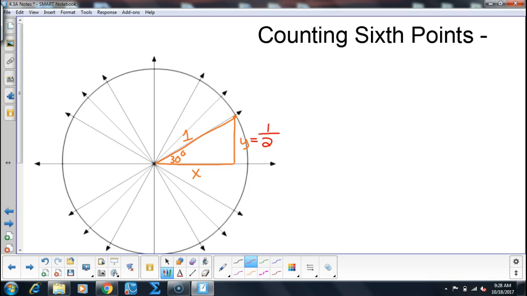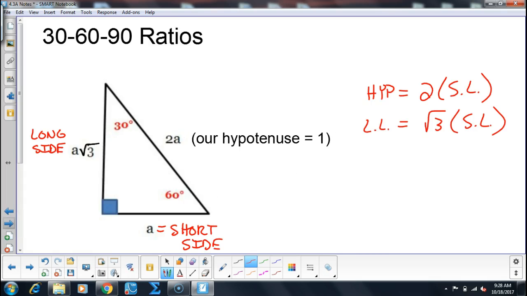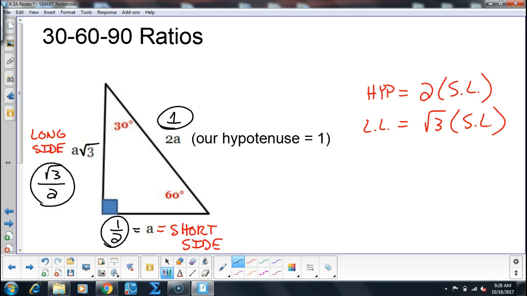What then is x? So our short side was 1/2. Our hypotenuse was 1. So what then is our long side? Could we call it the square root of 3 over 2? Yes. I would love it if we called it that, because it makes it a fraction.